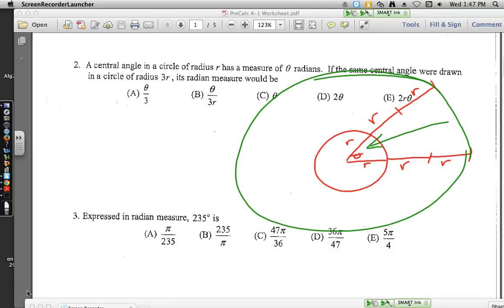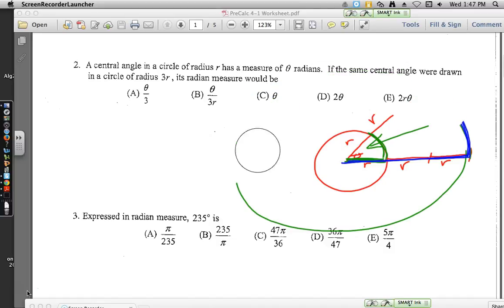And that's why this works, because the radius and 1 radian of each circle work in concert with each other. If the radius is bigger, 1 radian, that arc length is bigger as you go around. And so those two things work together, and that's why theta stays exactly as it is. So same central angle, same radian measure.